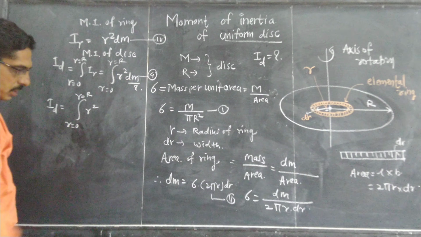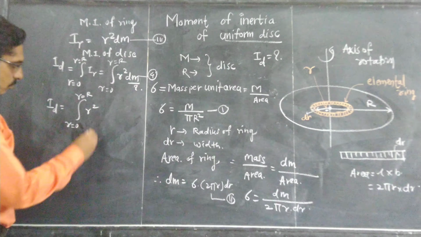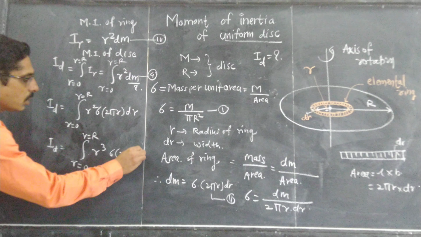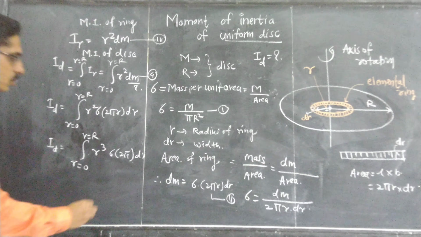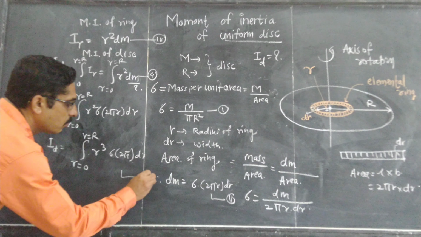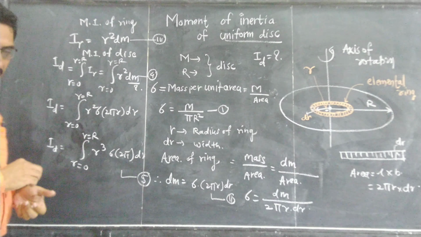Instead of this dm we take σ 2π r dr, r² multiplied by r whole. Therefore this ID = ∫ from r = 0 to r = R of r³ σ 2π dr. Suppose equation number काय लिहिलेली त्याच्यामध्ये 5 कन्सिडर करू, ठीक आहे.